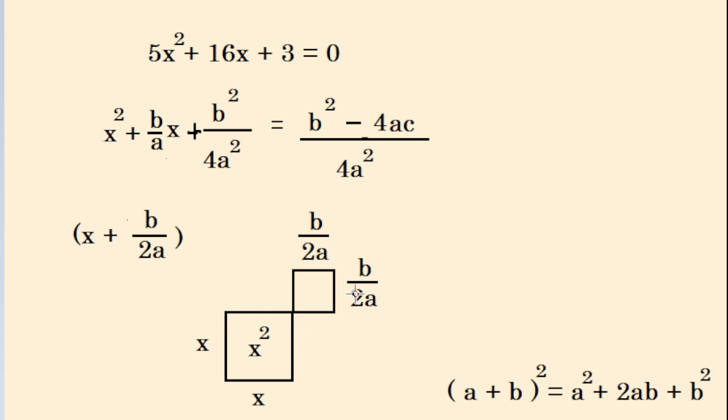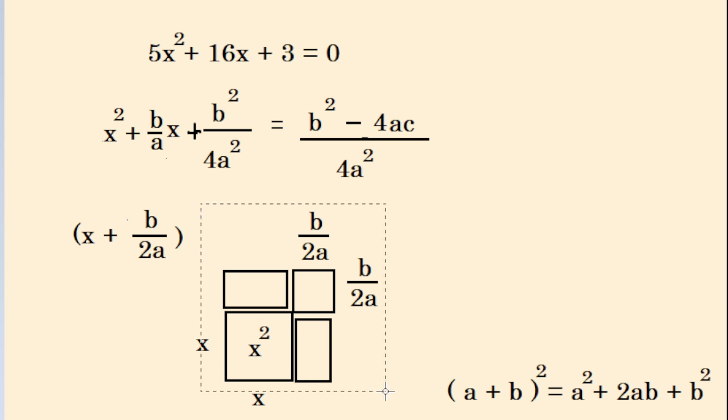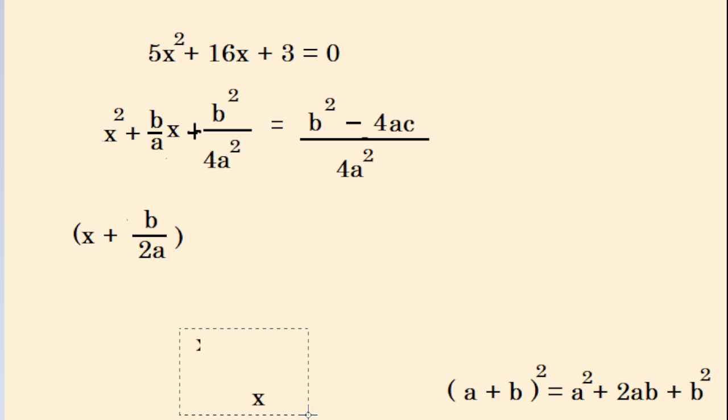So it became b over 2a. So this side was ax, this side was b over 2a. I really hope it's understandable.